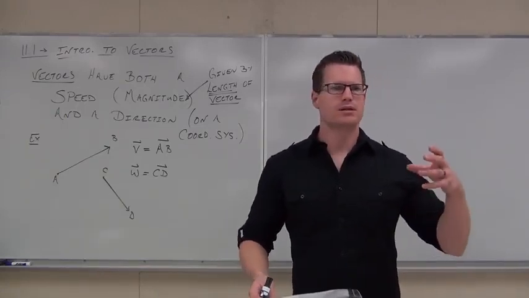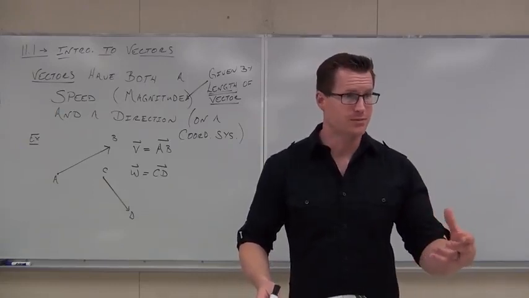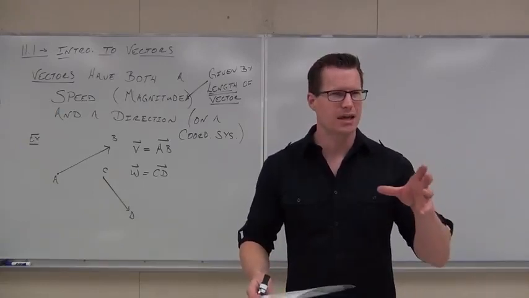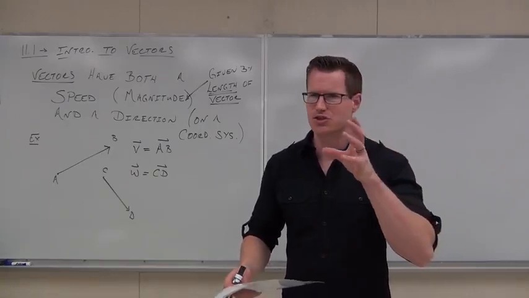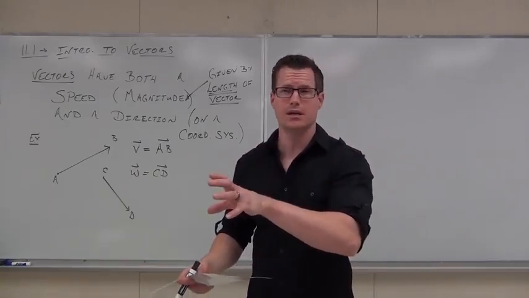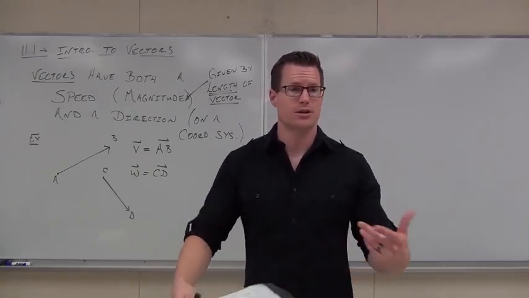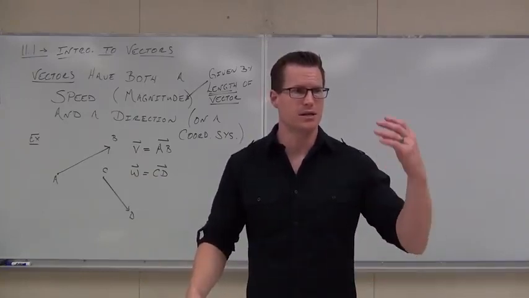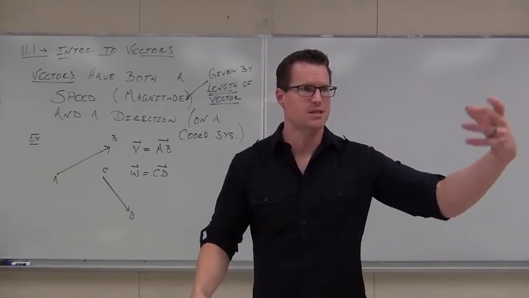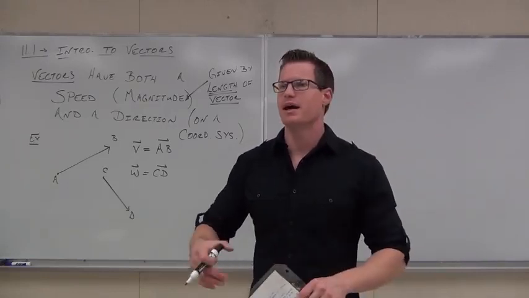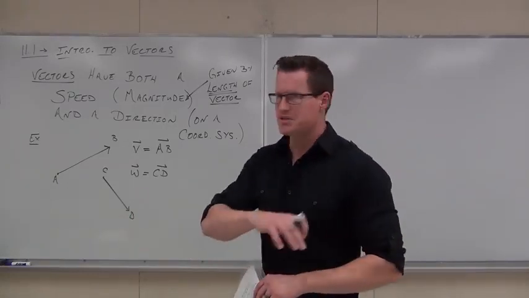We can do some math with it too. We can start doing things like multiplying vectors by scalars. The idea of a scalar is this thing that's just a number, like just a speed. So if you said, I want to multiply by 60 miles an hour, you can actually do that. Increase your speed 60 times, 60 miles an hour. We can increase it by a scalar factor, not a vector.